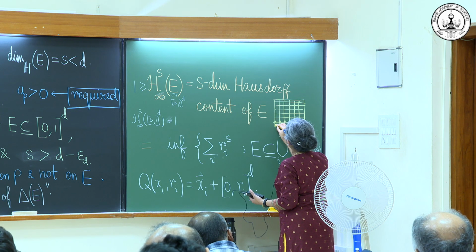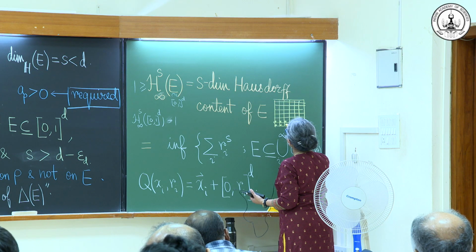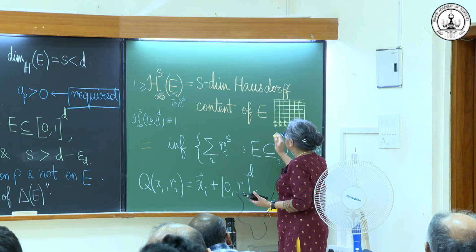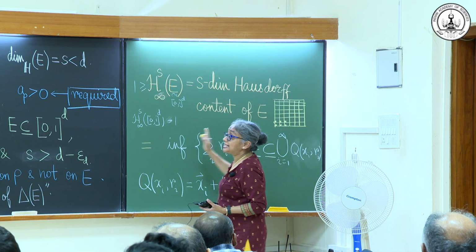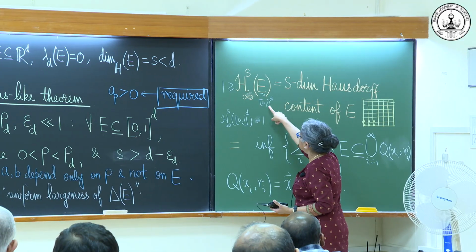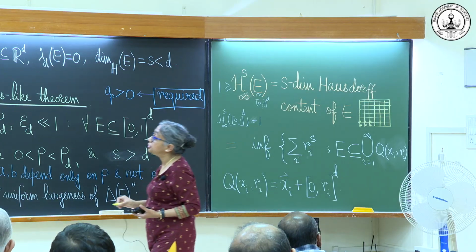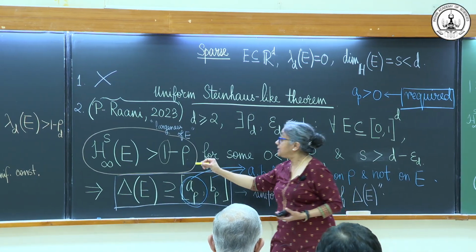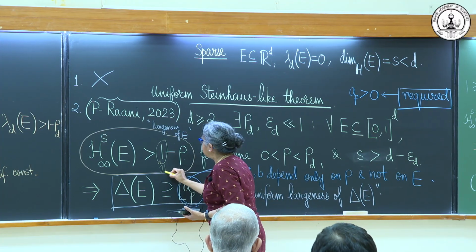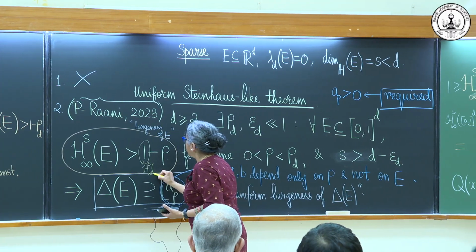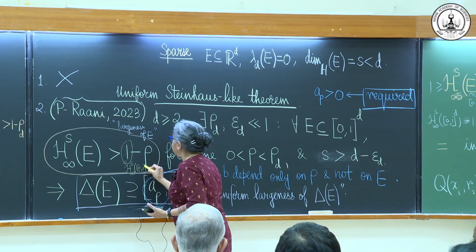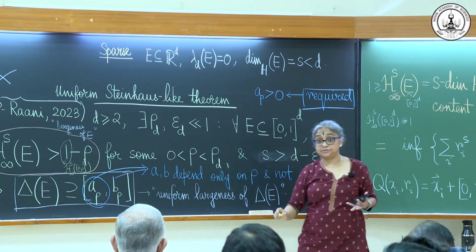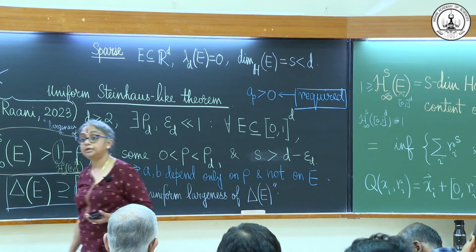So your E, this could be the first iteration of your sparse set. So it is sets like this that are of interest. The reason I talked to you about the unit cube was to identify where this 1 came from. This 1 is really H infinity S of [0,1]^d. So that's what it means for E to be large. That was the reason.